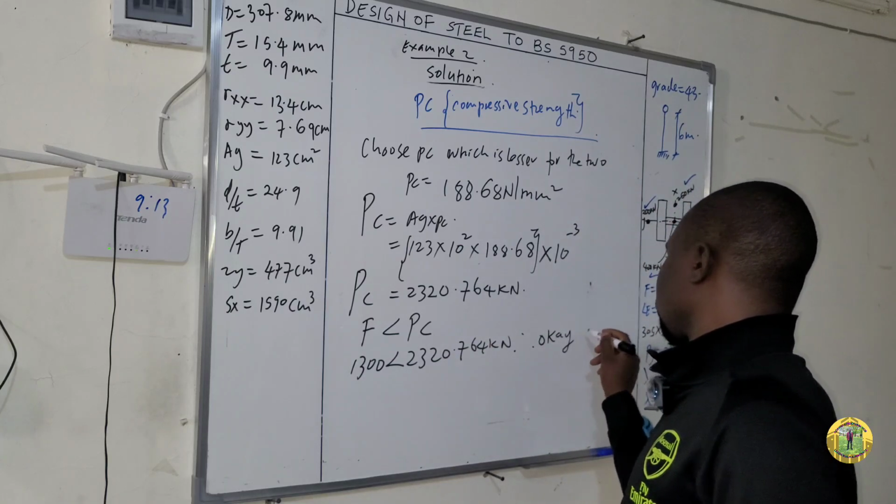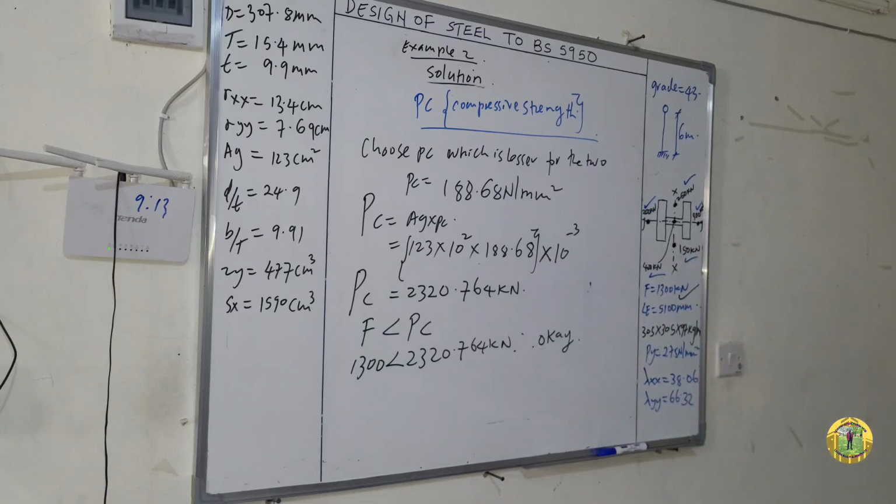Therefore, section okay. After doing so, we now proceed to eccentricity, EX and EY.